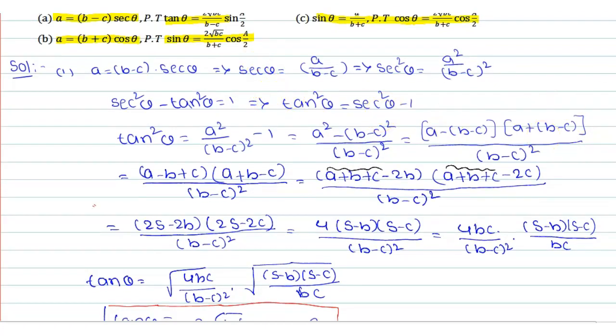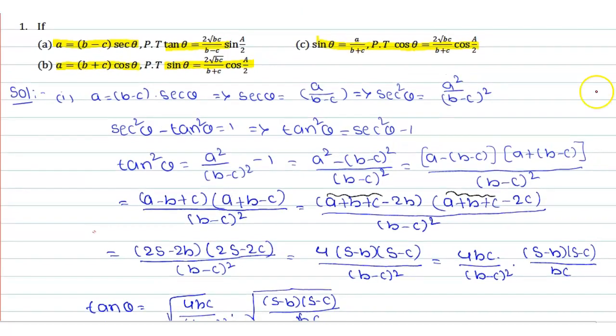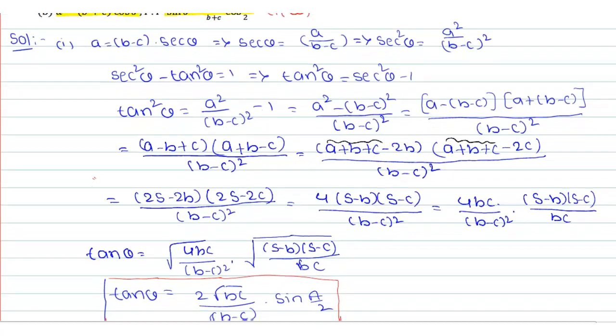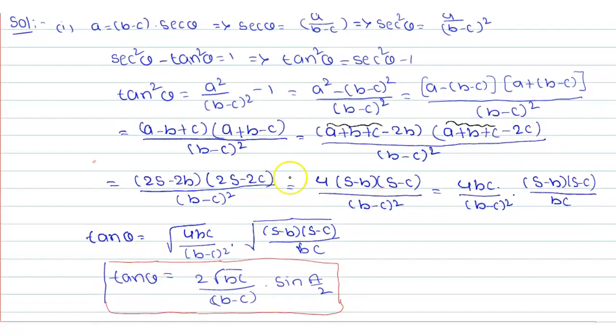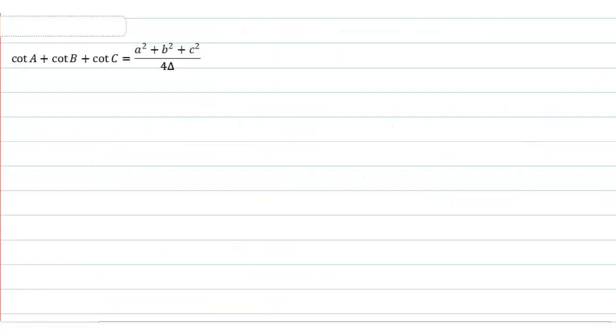Okay? So 2 root bc by b minus c into sine A by 2. Similarly, do the other two as homework. This one is homework and this one is also homework based on the same model. Check this question once. Right. Now go for the next question.